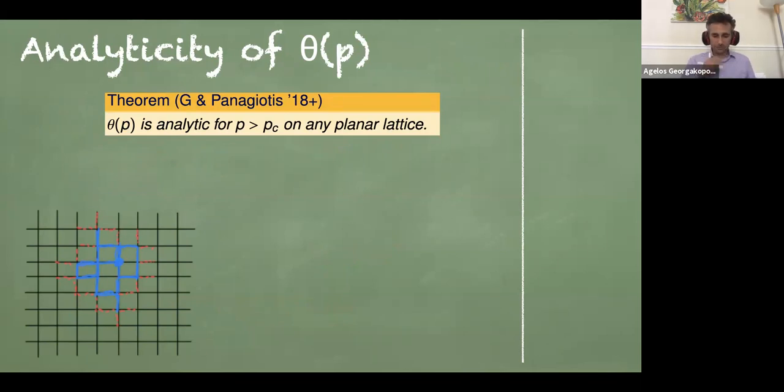Now we want to prove that the percolation density, this theta, the probability of the cluster of the origin being infinite, is an analytic function of p. I'm going to use the same technique as before, extend p to the complex plane and so on. Let's try the same trick. Okay, so I'm going to need some more space.